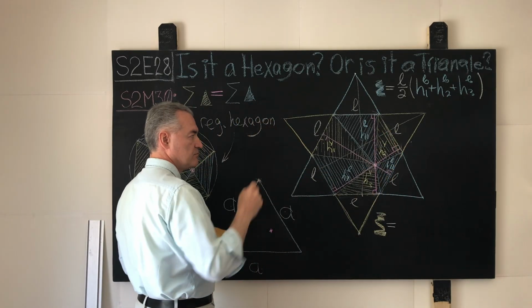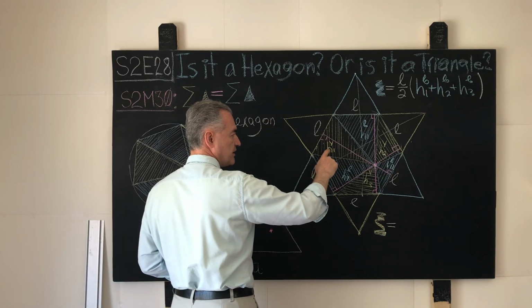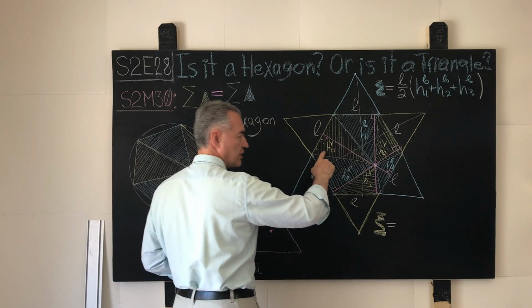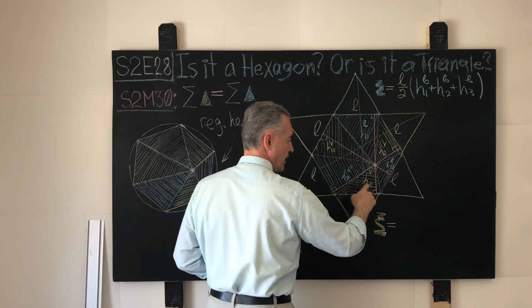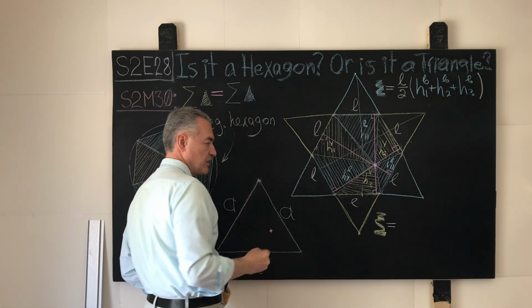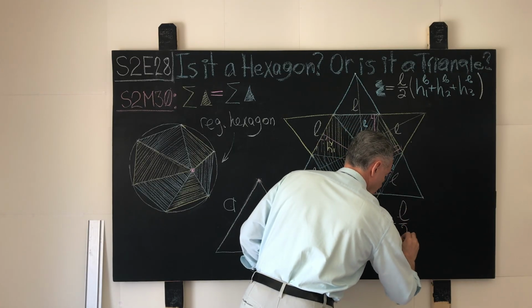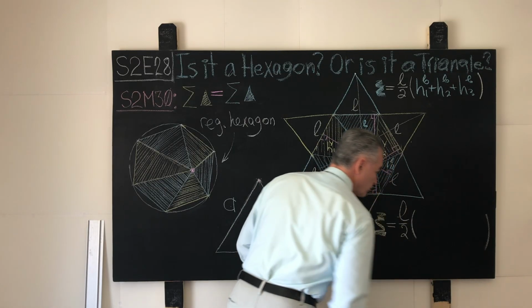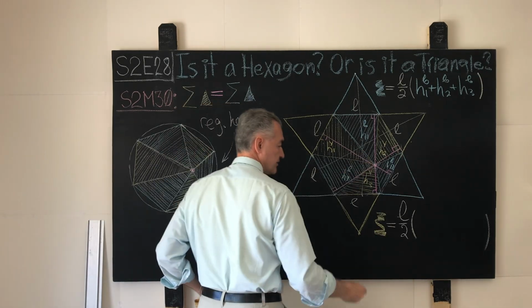And again, the same thing applies to the heights. H1Y is the height of the first yellow triangle, H2Y is the height of the second yellow triangle, H3Y is the height of the third yellow triangle. So here we will have which formula? L over 2, and in parentheses we will have the sum of three heights.